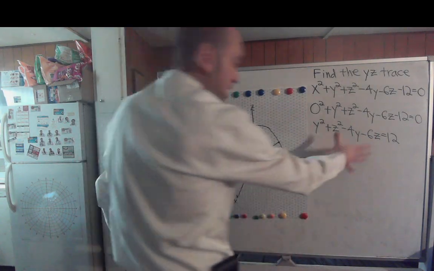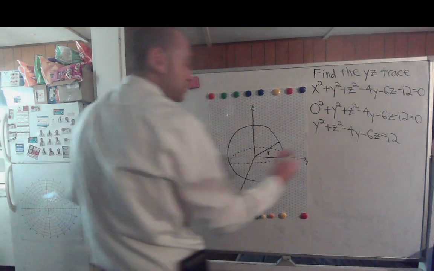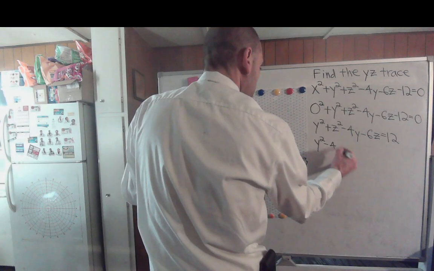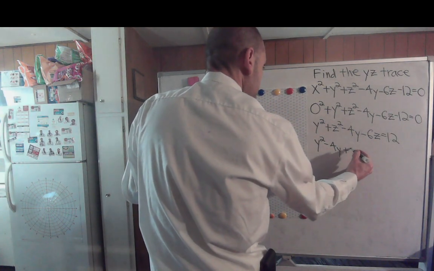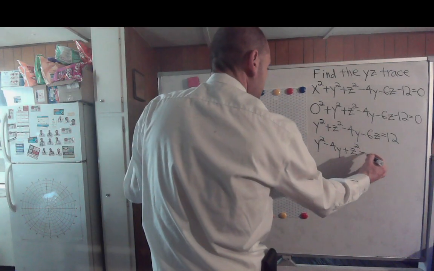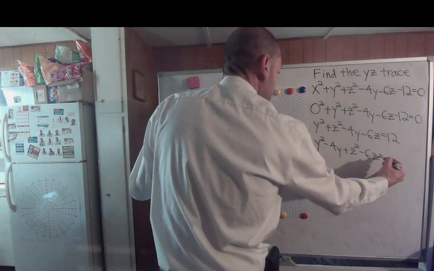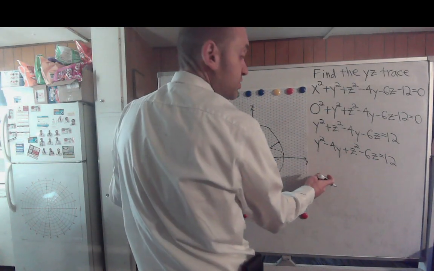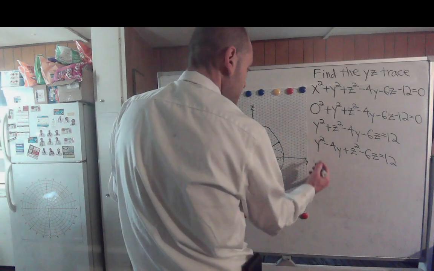Now let's group our variables together. So this would turn into y squared minus 4y plus z squared minus 6z equals 12. Now we just complete the square for both variables and we can get a form we can work with.